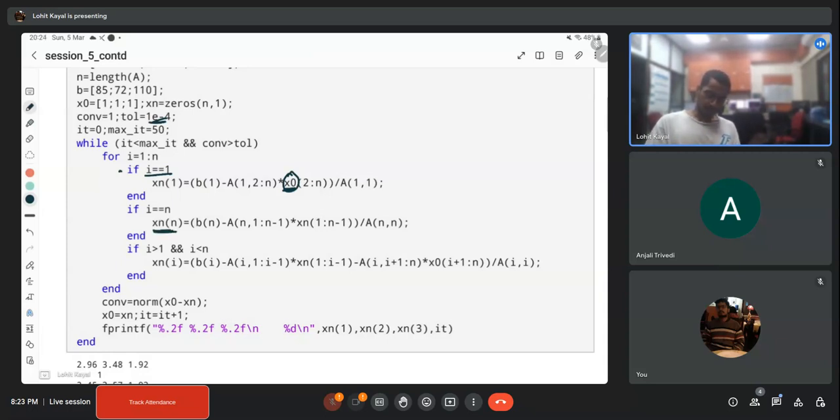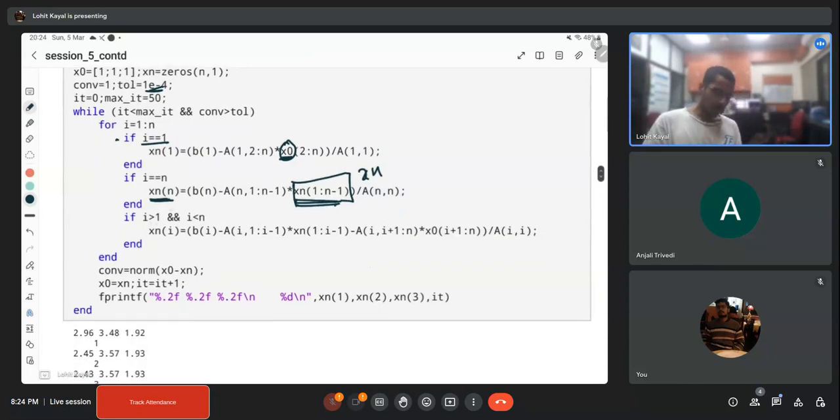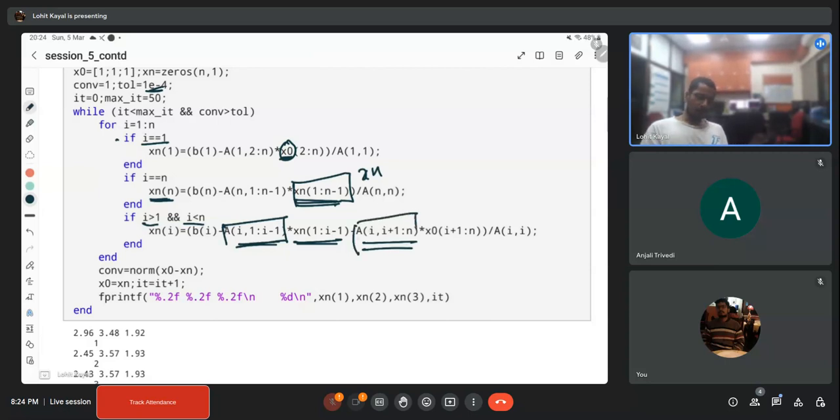For the last element, all other elements are already derived, so those come from xn, not x naught. For the in-between elements, some of them come from xn, the below diagonal elements, and some come from the previous iteration, the above diagonal elements.